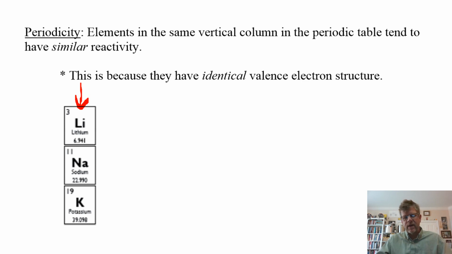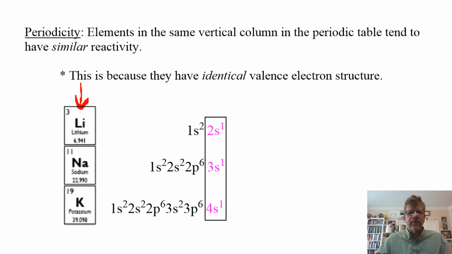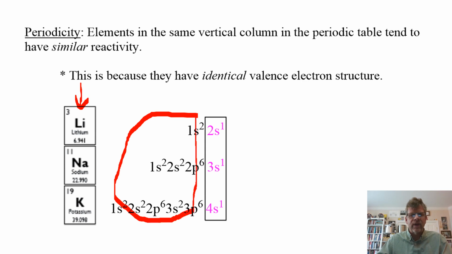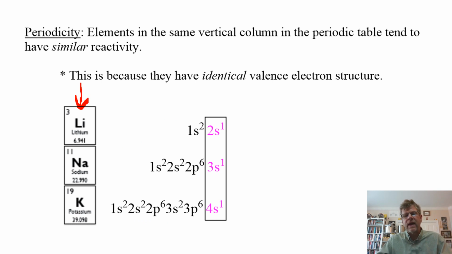Let's take a look at the electron configurations of these elements. While the electron configurations themselves are quite different, all that difference is in the core electrons of these elements, which are by definition non-reactive, and we don't care about them. But it is in the valence electron structure that they're identical.